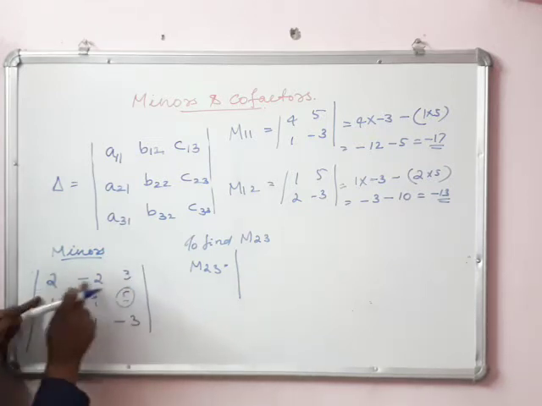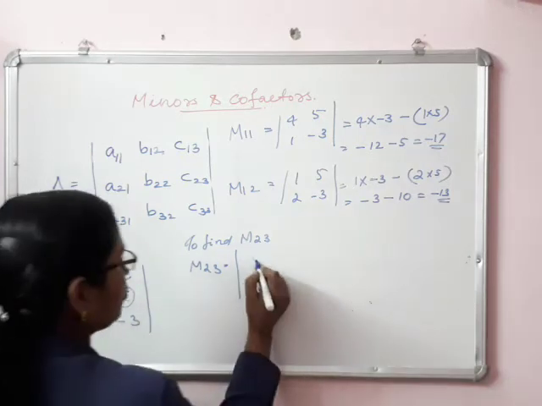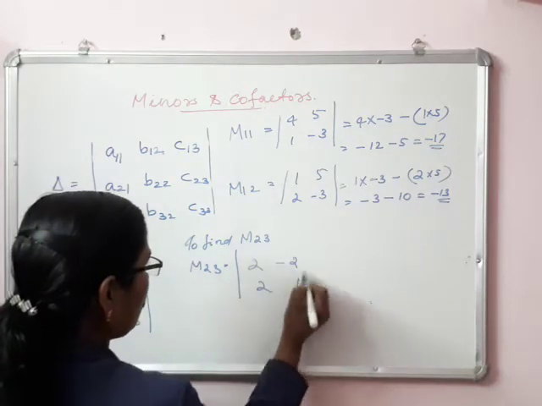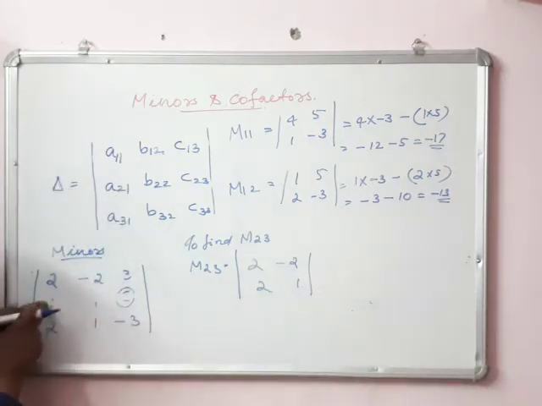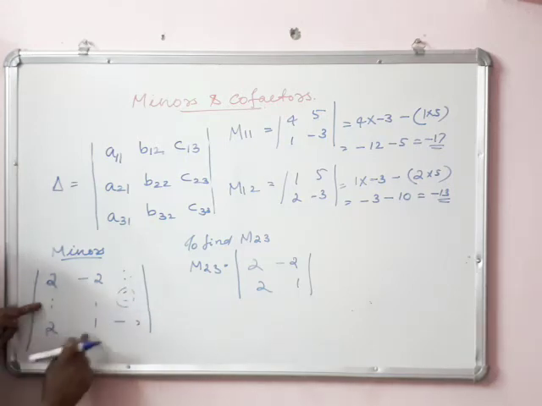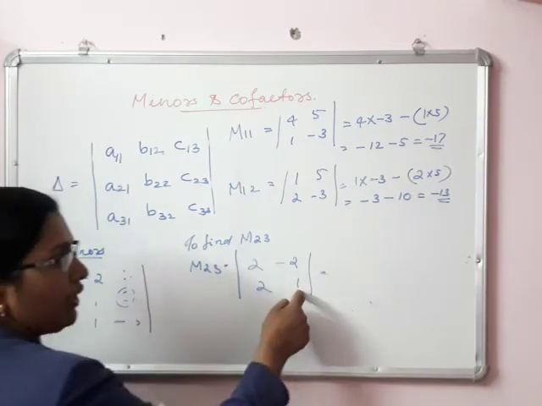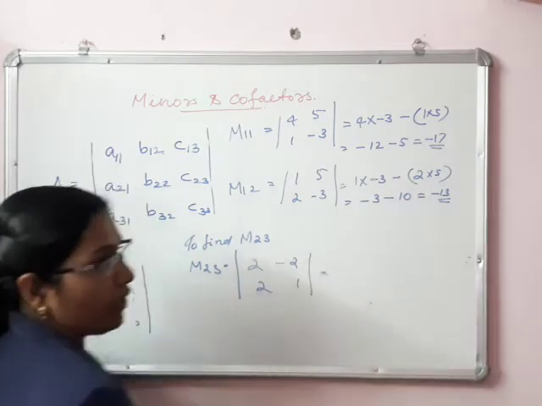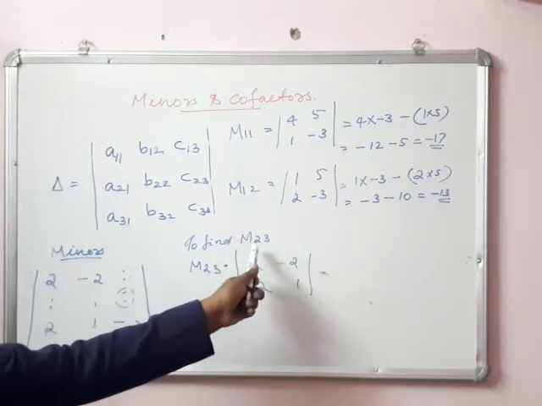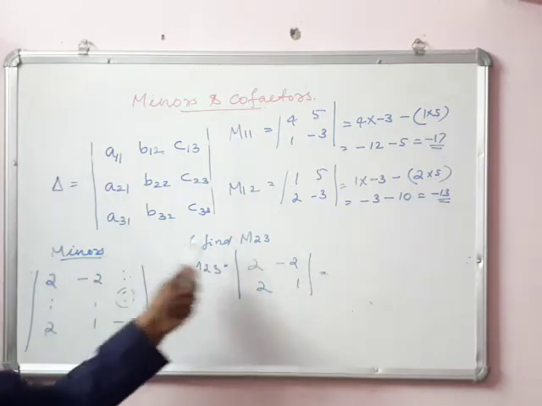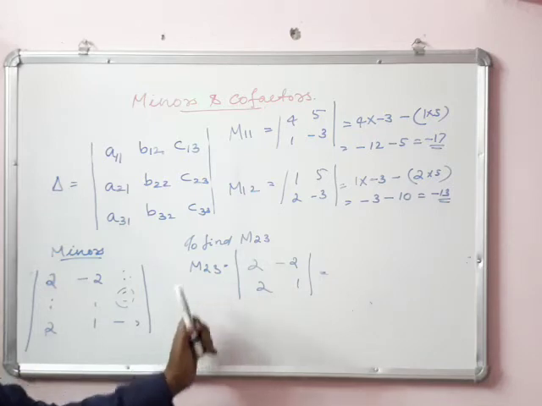So what will come? 2, minus 2, 2, 1. Don't forget to avoid this row and this column. So 2, minus 2, 2, 1: we multiply 2 into 1 minus 2 into minus 2. That is the answer. Using this method, we can find the minor.